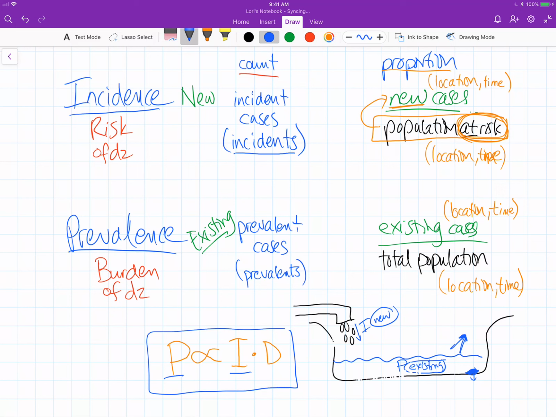And we think of the water going down the drain as death, and the water evaporating as people recovering or getting cured from the disease. So if people are getting cured from the disease pretty quickly, then the prevalence of that is going to still be pretty low because the duration is short.